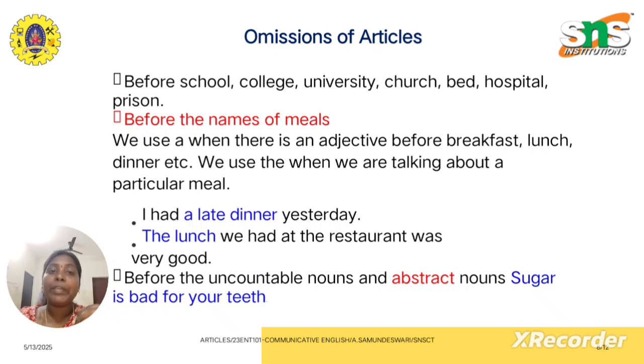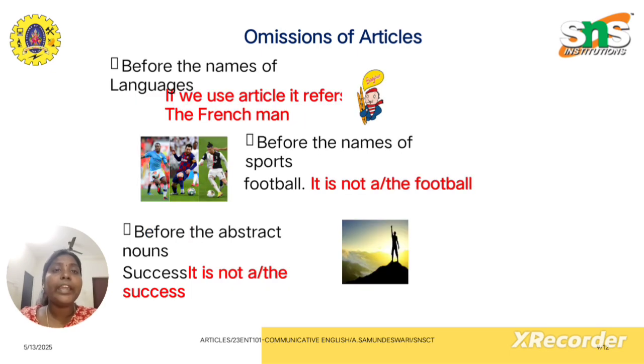So here I am emphasizing the yumminess and tastiness of the food. And we don't use articles before uncountable nouns and abstract nouns. An abstract noun is something you can only think of or imagine, you can't feel or touch it. And before the names of languages we are not supposed to place an article.